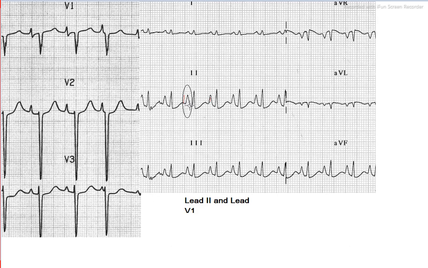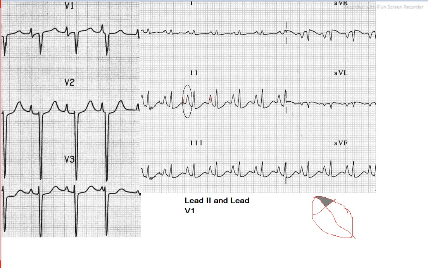You may be thinking, why is it greater than 2.5 small square boxes? Generally in case of P wave, again let me draw a pictorial representation of a heart here. This will be your heart, and when we divide it into right atrium and left atrium, let me fill it up. This white part here is your right atrium and this part here is your left atrium.